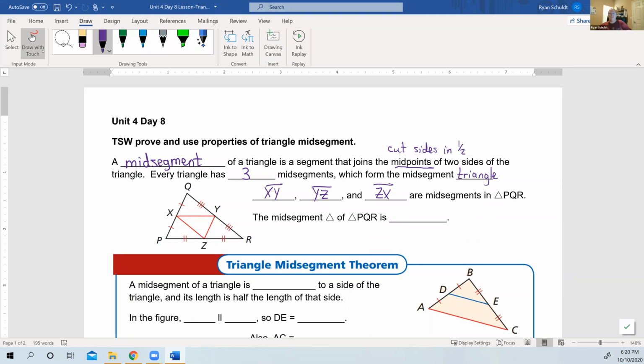Now, the midsegment triangle of PQR is the triangle formed by the midsegments. So triangle XYZ. That's our midsegment triangle.